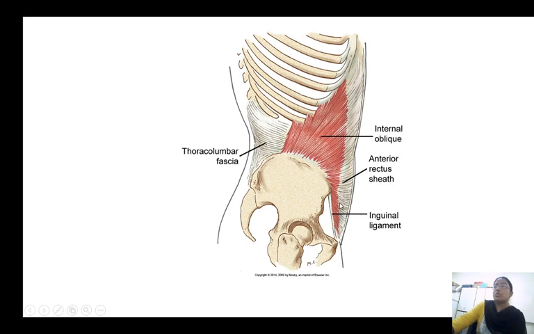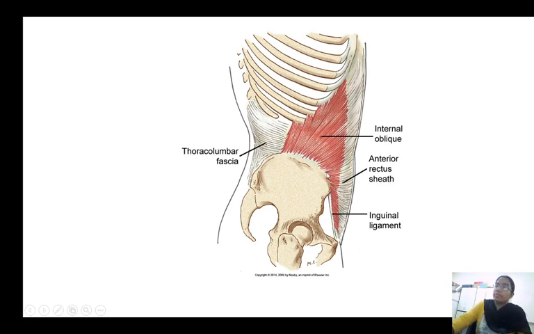Other than that, they also form the anterior wall of the inguinal canal. These fibers go down, forward, and medially, inserting into the linea alba, forming the anterior wall of the inguinal canal. This is about the inguinal fibers.